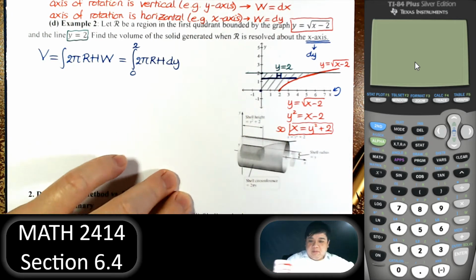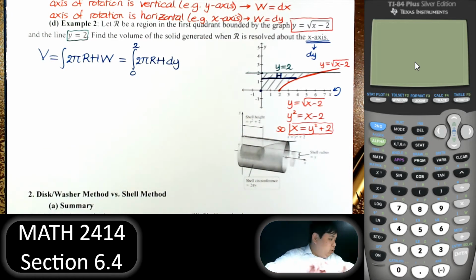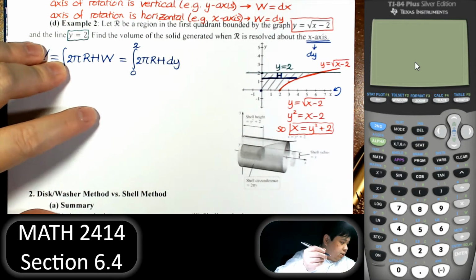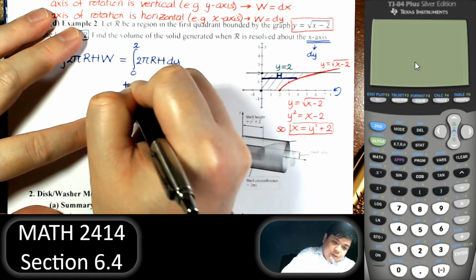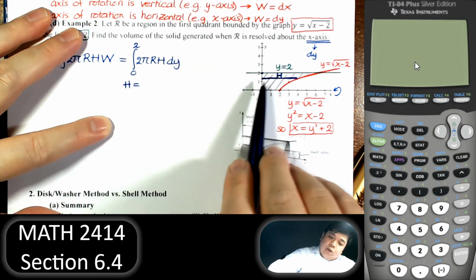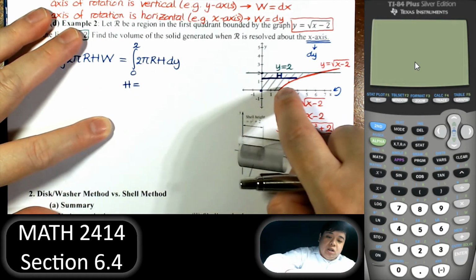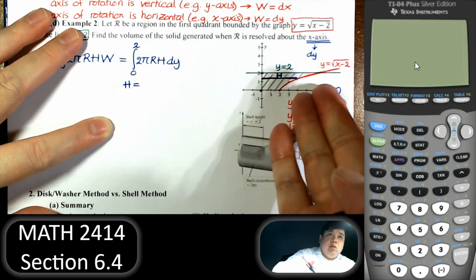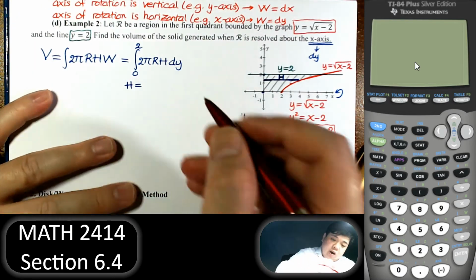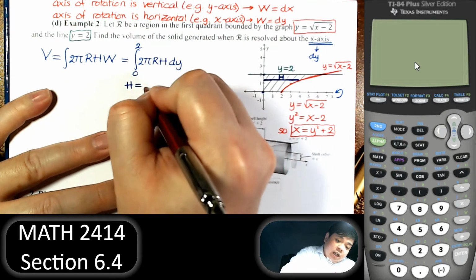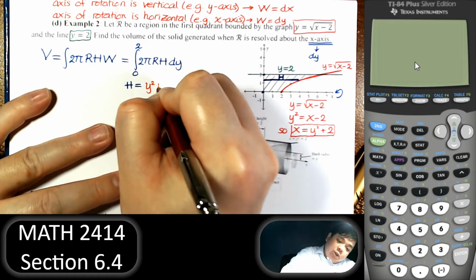And then, right, first, the height is going to be the difference of the function on the right minus the function on the left. So the function on the right in terms of y is y squared plus 2. It has to be in terms of y.